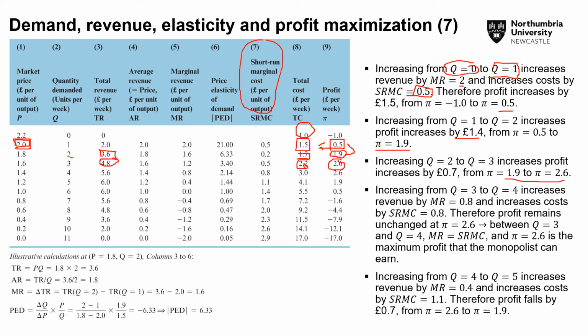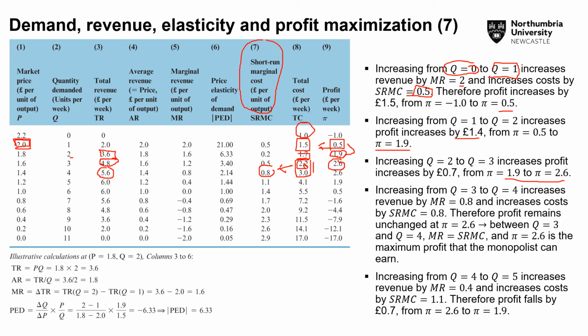Then what we do is we produce an additional unit. We go from producing 3 units to now producing 4 units. Of course, this is associated with a higher total revenue, but we also now assume a higher short-run marginal cost of 0.8. How do we derive that? Well, we are given these total costs, and as you can see, the difference between these two figures is 0.8.